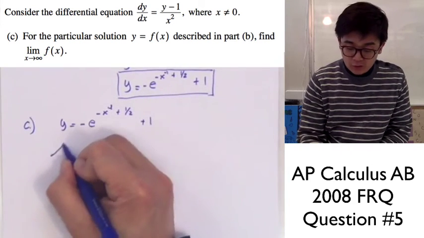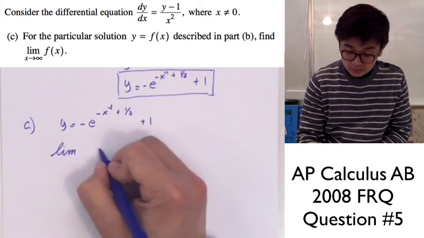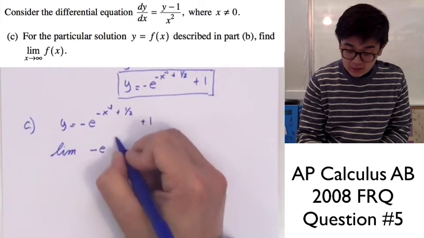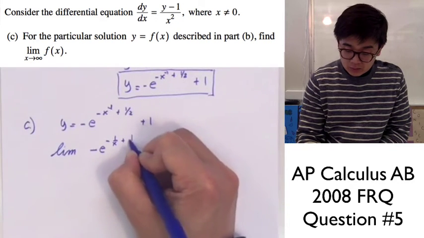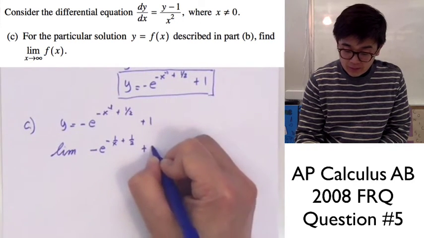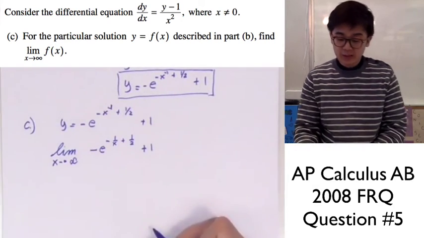We're supposed to solve for the limit of f of x, which is negative e to the negative 1 over x plus 1/2, added to 1, as x approaches infinity.